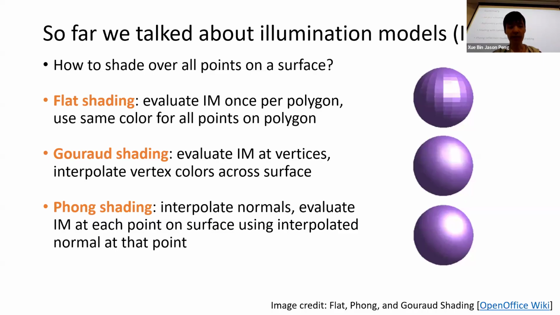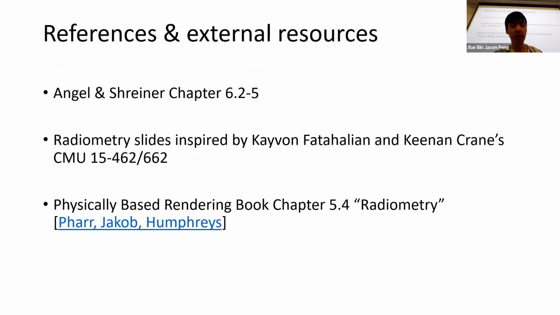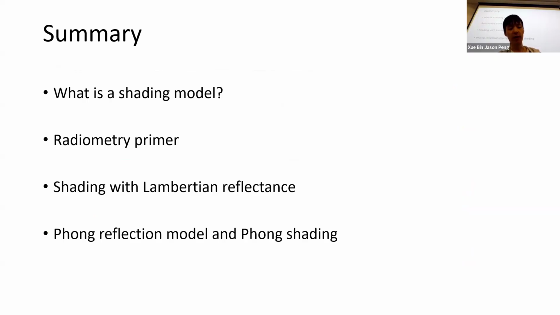Okay, so this is everything that I want to discuss for lighting models. And at this point, you probably have enough to complete most of assignment 4. For assignment 4, we will ask you to implement some of these different lighting models that we discussed, along with some texturing that we're going to cover in the next lecture. Assignment 4 is going to be due in roughly 2 weeks from now, and it's much more involved compared to assignment 3.